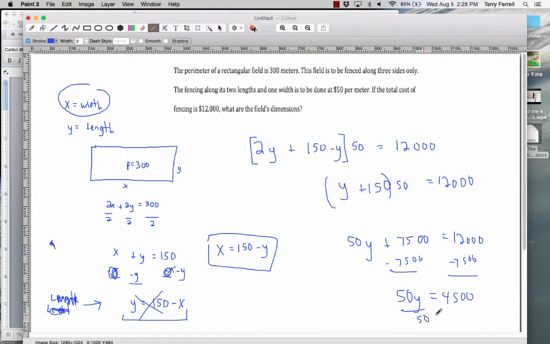Divide by 50. y is equal to 90. And if I plug it back in for x, it's going to be 150 minus 90. So x is equal to 60. So my width is 60, my length is 90. That was fun. All right, hopefully that helped.